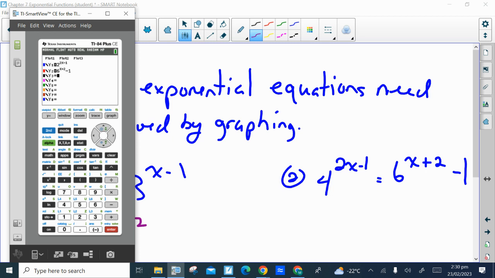So if we look at that second equation and think about it in terms of a transformation, it would be the graph of y equals 6 to the x, shifted 2 to the left and 1 down. That's an h value of -2 and a k value of -1. Yes, I did. That should be a 4, shouldn't it? Thank you.